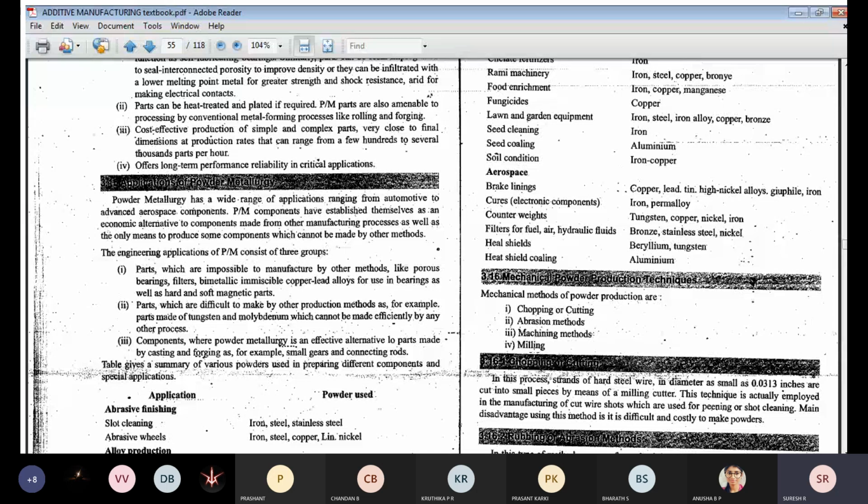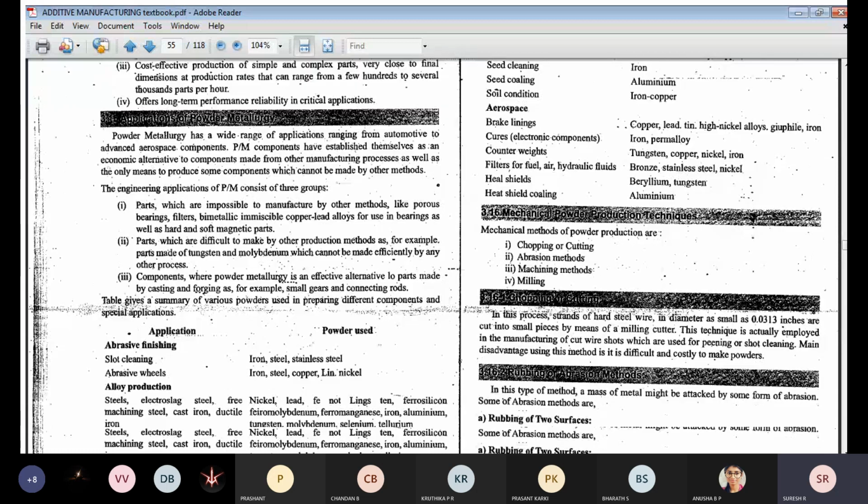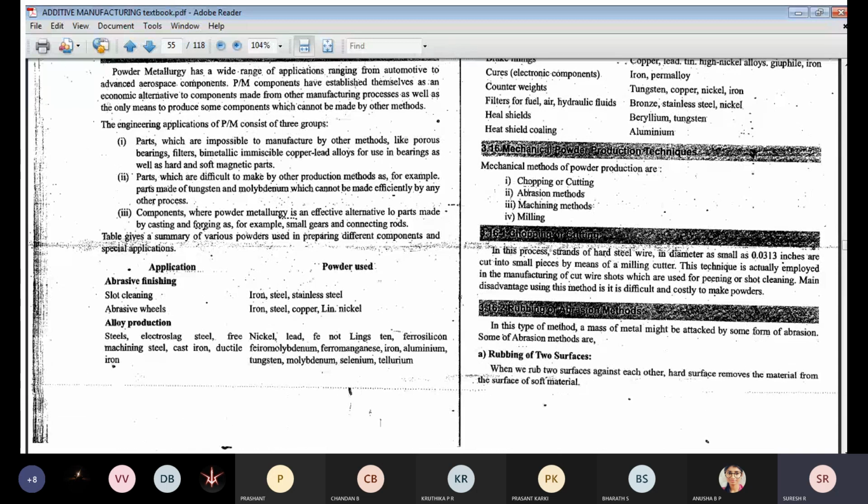The first and foremost is chopping or cutting. This is the first method of producing metallic powders for the next process. In this process, it may be strands of hard steel wire, in diameters ranging from a fraction of an inch or more.